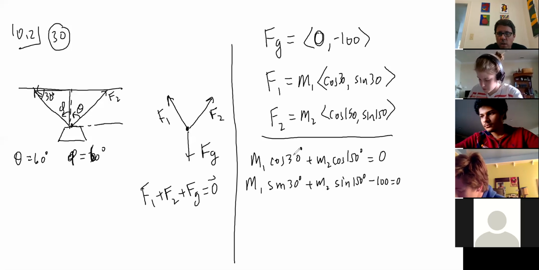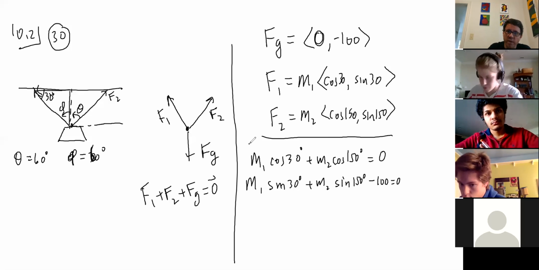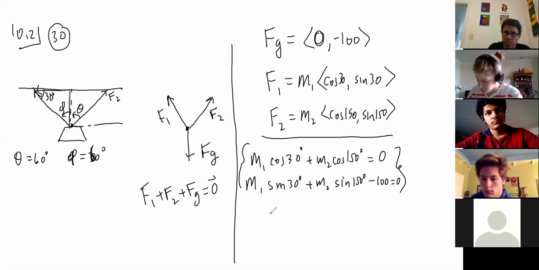Yes, M1 sine 30, M2 sine 150. So basically what I've got is 2 equations and 2 unknowns, M1 and M2.